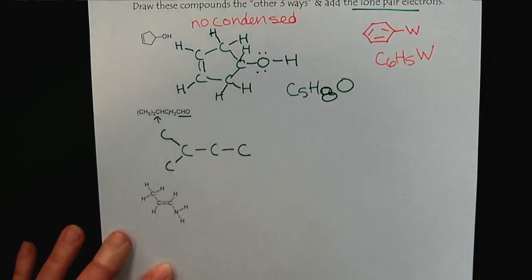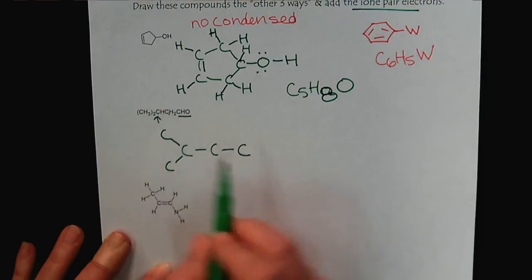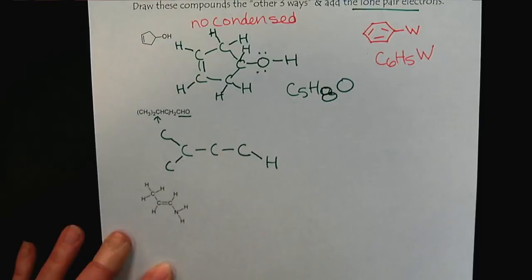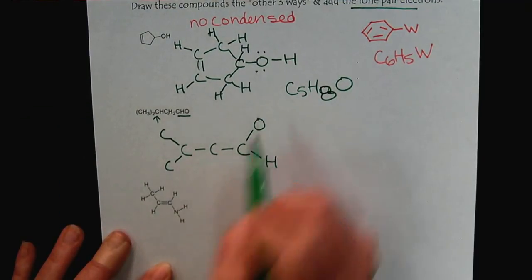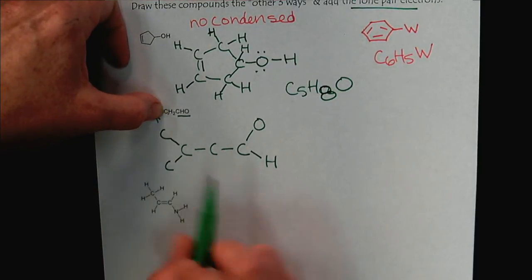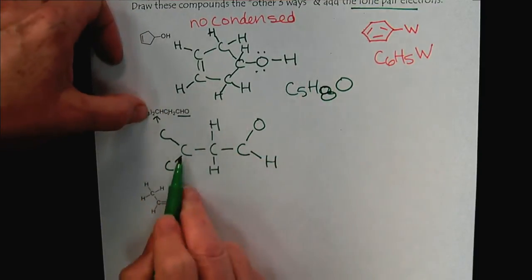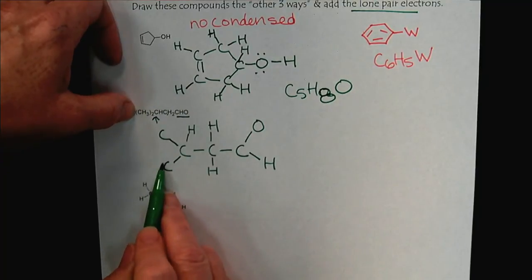Alrighty, so we've created our carbon skeleton. Now we take advantage of our bonding patterns. If we look here, this is telling us that this hydrogen is bonded to carbon because it follows directly behind. So then we would have an oxygen. Let's keep going. Here we have our CH2, so we put in our 2 hydrogens. And then we have our carbon, it has 1 hydrogen, and then it has the 2 branches.